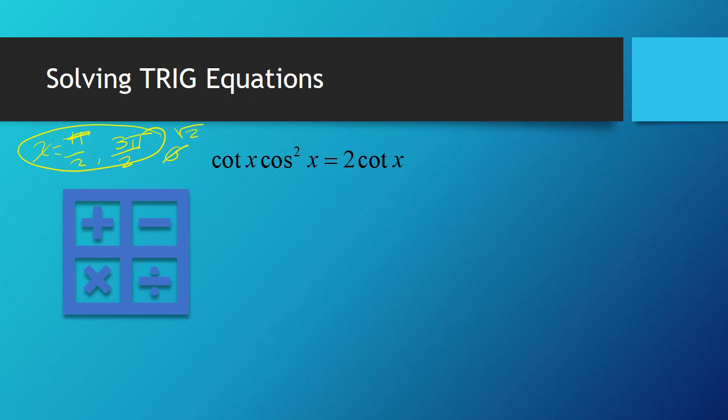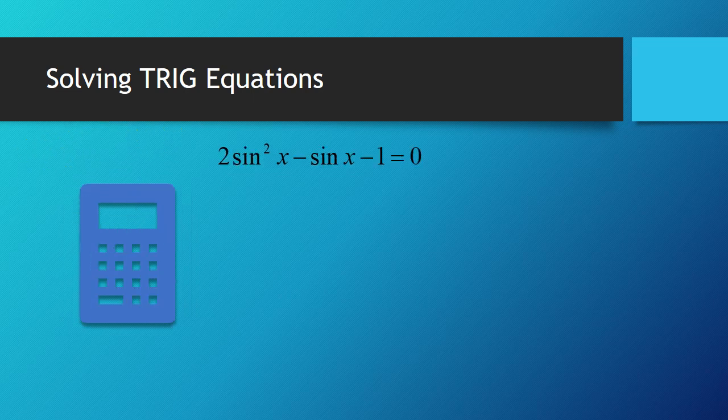Okay, so let's go ahead and look at this one. 2 sine squared x minus sine x minus 1. Okay, this is kind of in the format x squared minus x minus 1, correct?